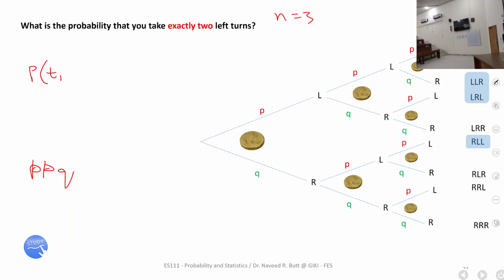T1 should be left. Intersection T2 equal to left, and intersection T3 equal to right. Why? Because it's exactly 2 lefts. Is that all? Think.